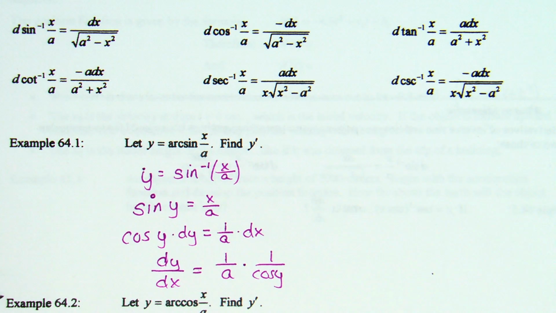However, if you change the division to multiplication, it's 1 over a times, what's the reciprocal of cosine y? I definitely don't want to write a fraction within a fraction. Yuck, ugly. So if you're dividing by cosine y, it's the same as multiplying by 1 over cosine y. That's the direction I was going there. Are we okay with that now?